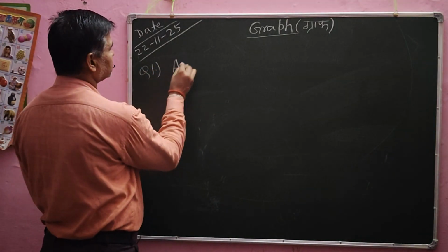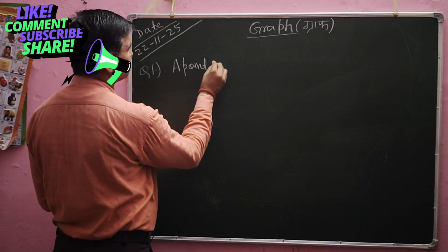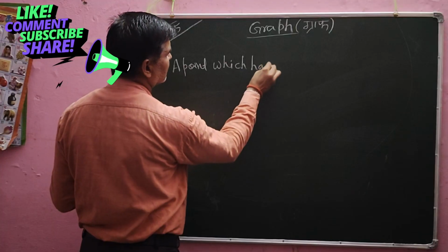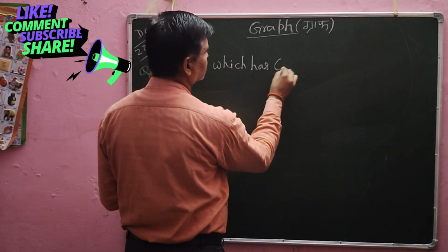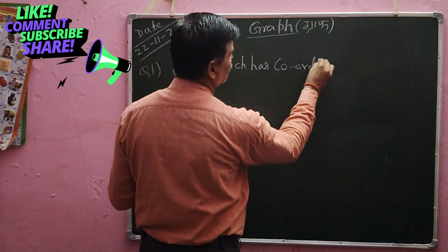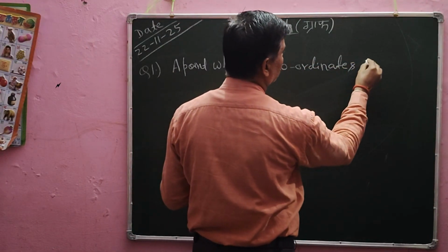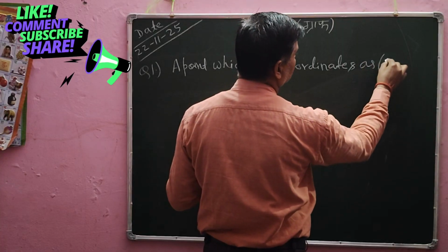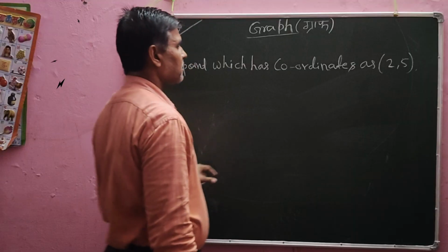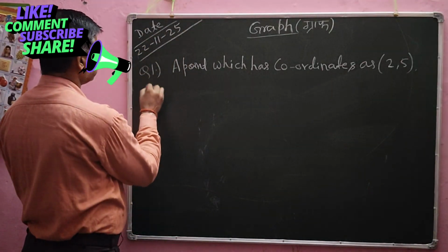A point which has coordinates as 2 comma 5.